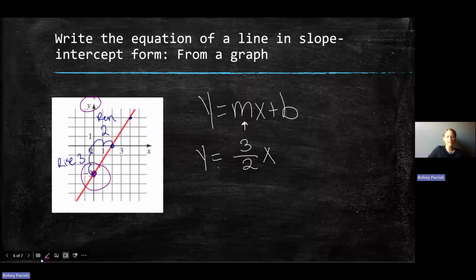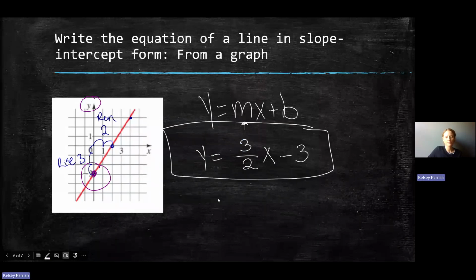I'm not going to write -3. I'm going to write subtract 3. And there you go. It's the exact opposite of what we did in the last graph. And again, this slope-intercept form is going to be your more common equation of a line, especially when you're talking about graphing values.